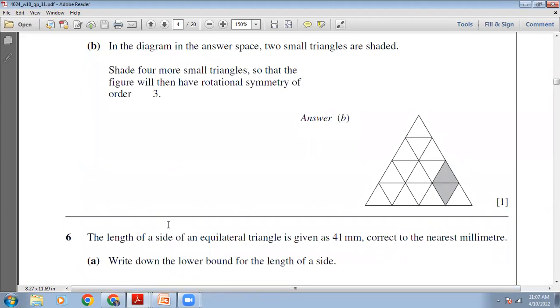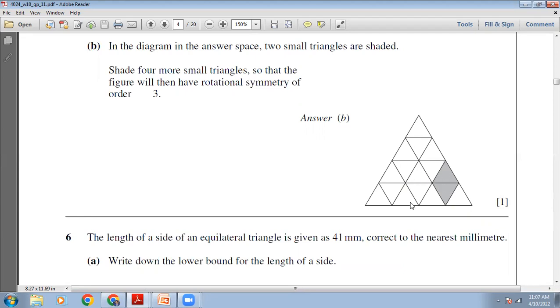Five B part. In the diagram in the answer space, two small triangles are shaded. Shade four more small triangles so that the figure will have rotational symmetry of order 3. So if you want rotational symmetry of order 3, these colored triangles should be on the 3 sides of this central triangle, because any figure which has order of rotational symmetry 3 has 3 blades.